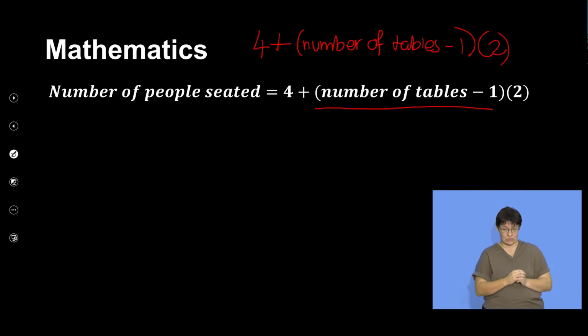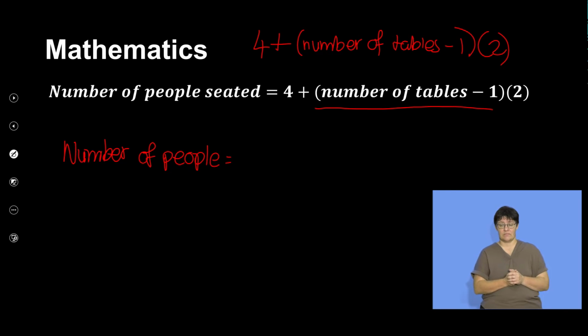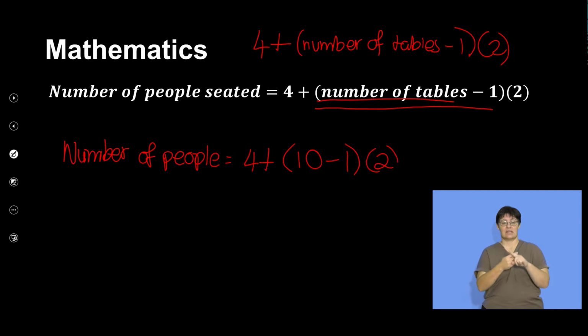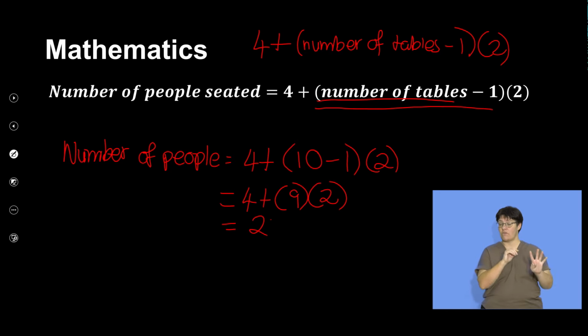So for 10 tables, the number of people seated will be 4 plus the number of tables, which is 10, minus 1, times 2. So I'm going to have 4 plus 9 times 2, which is going to give me 22 people seated at 10 tables.